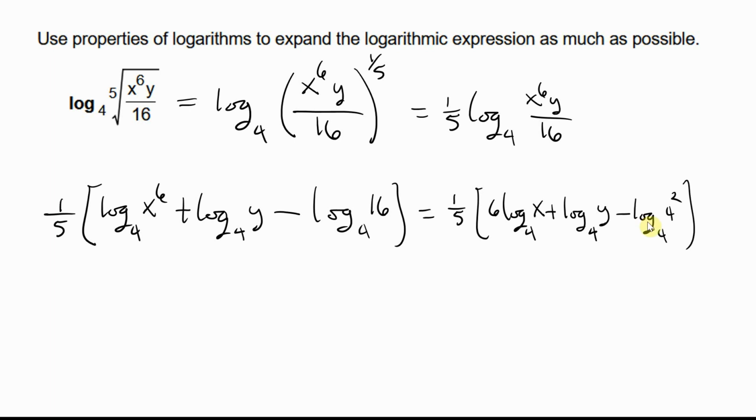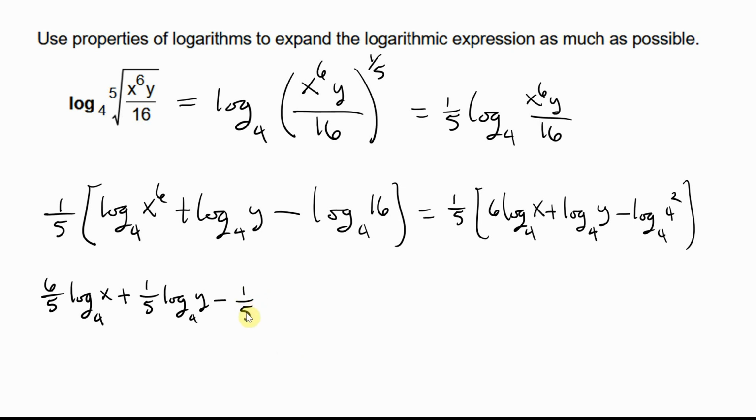Now you know that log base b of b is equal to 1, and log base b of b to the x is equal to x. So this whole guy over here is just 2, right? So I get 6/5 times log base 4 of x plus 1/5 times log base 4 of y minus, that's going to just be 1/5 times 2, but I want you to see it.